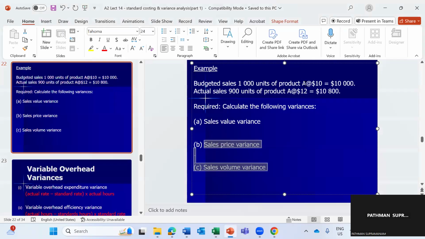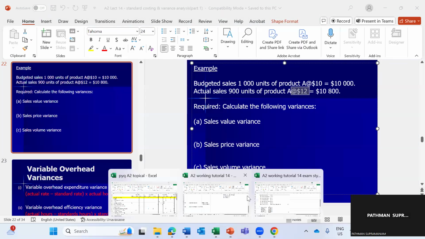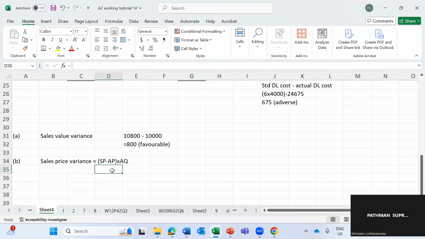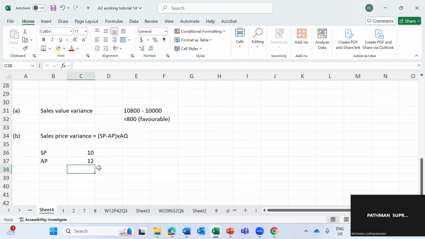The standard selling price per unit is $10. Actual was $12. Remember, I'm ignoring the negative sign, so the difference is 2.